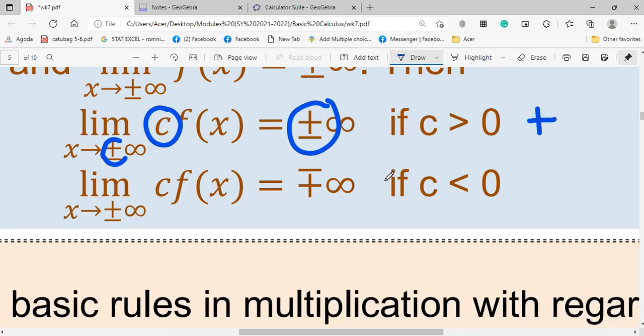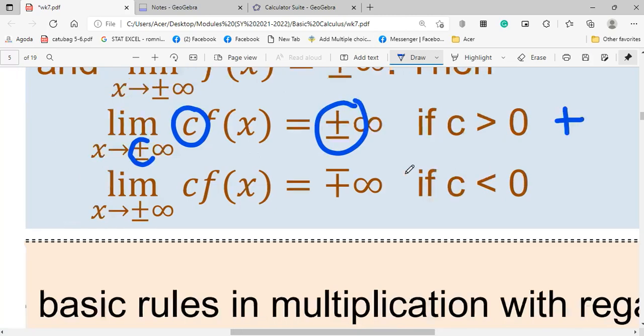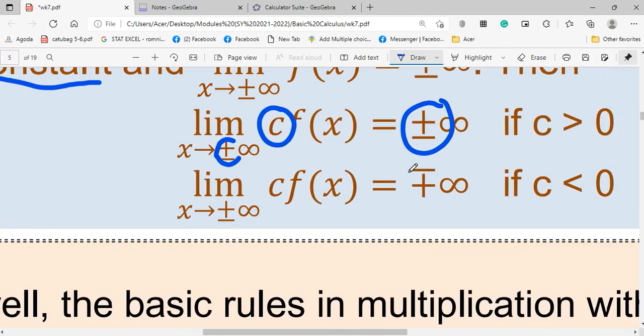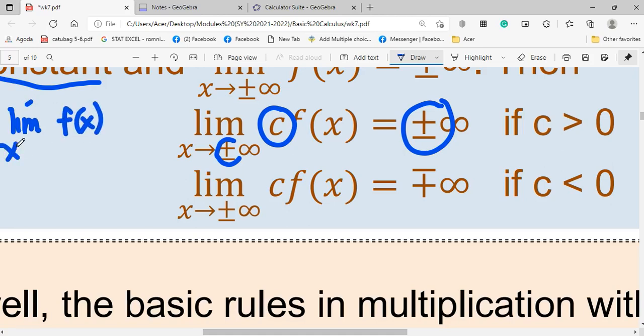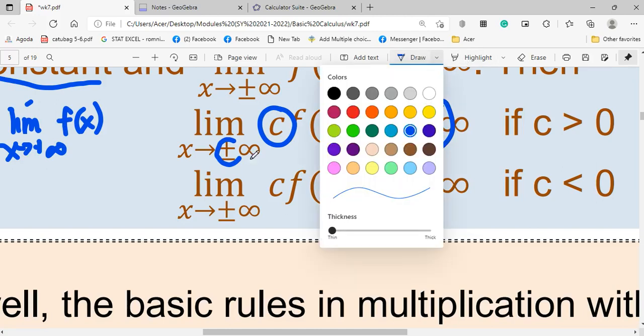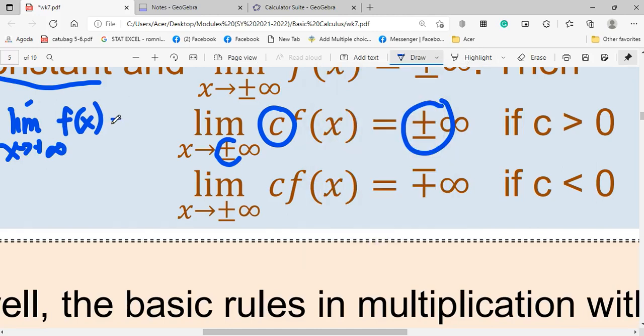Ang mangyayari, maggagayahan lang sila. When x approaches positive infinity, when x increases without bound, and C is positive, then ibig sabihin nito, positive infinity din.